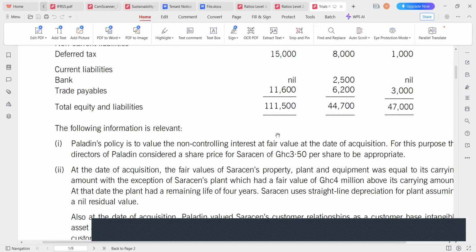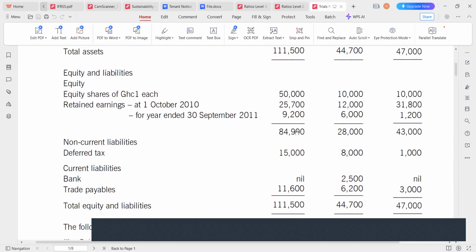What is Paladin's retained earnings? Add the two figures together, 25,700 plus 9,200. That's 34,900.